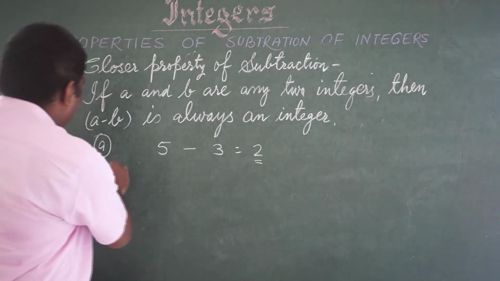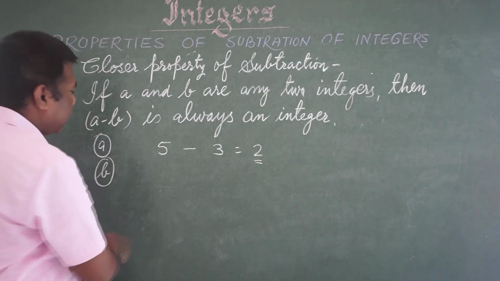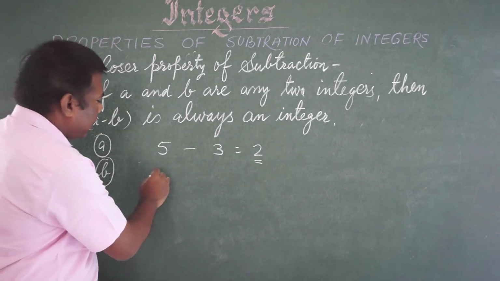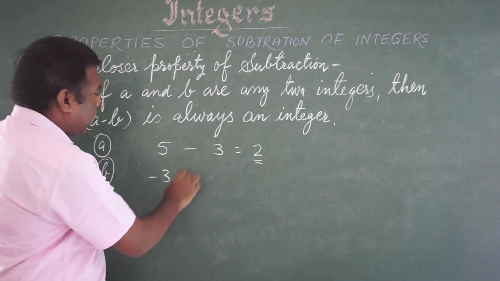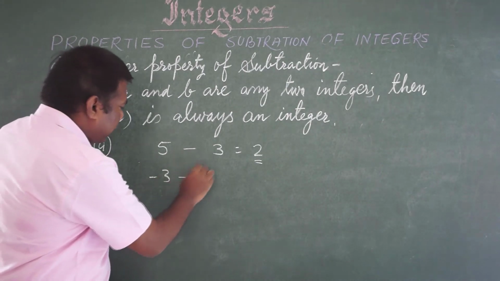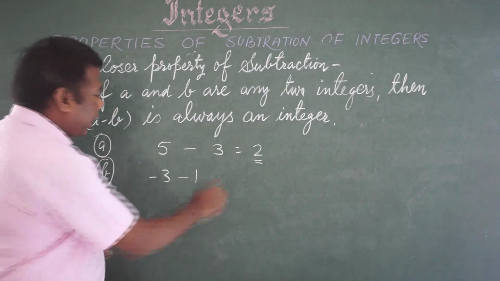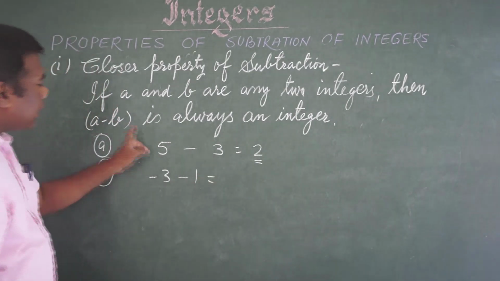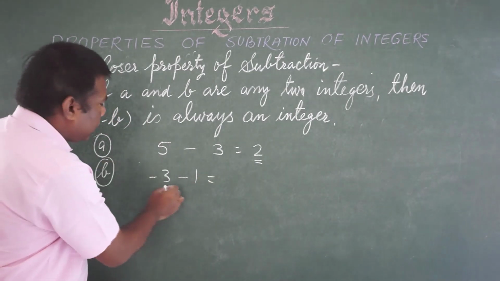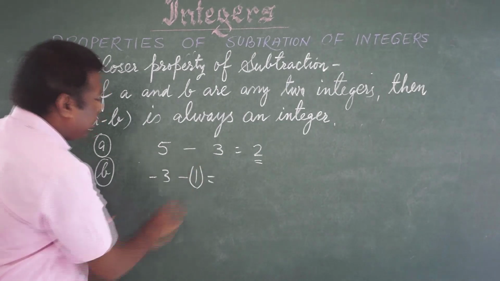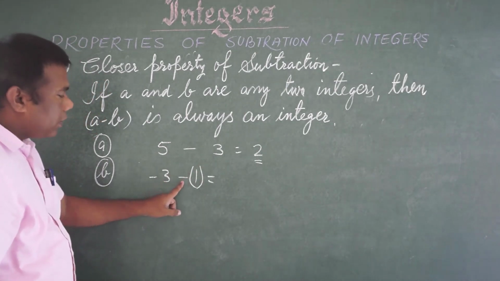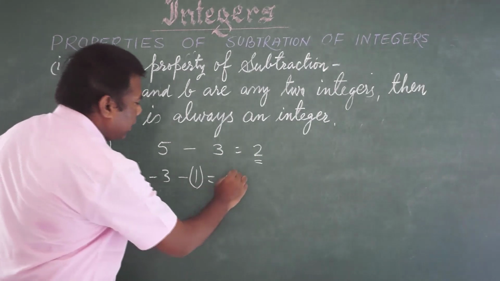In the same way, if any other numbers are taken, suppose minus 3 and minus 1. If you are subtracting 1 from minus 3, then what will you get? Minus 4.